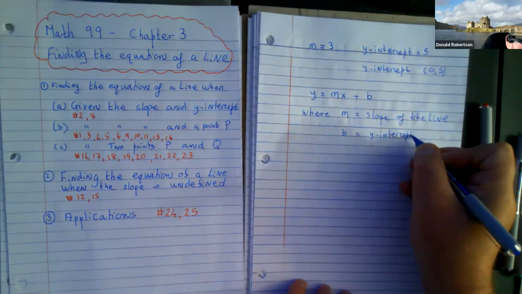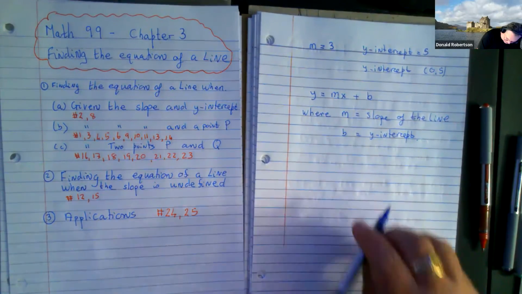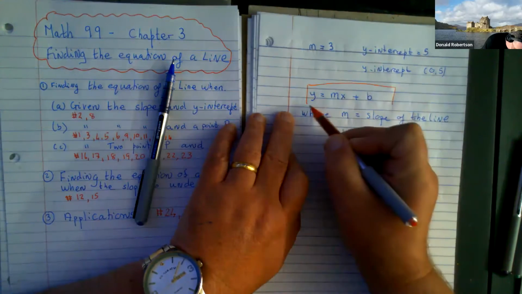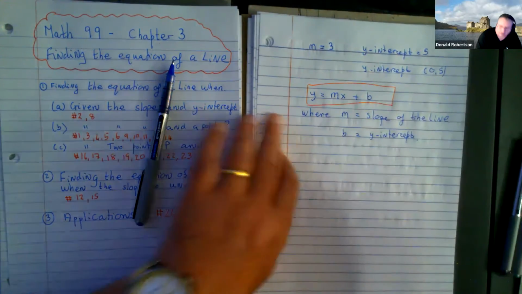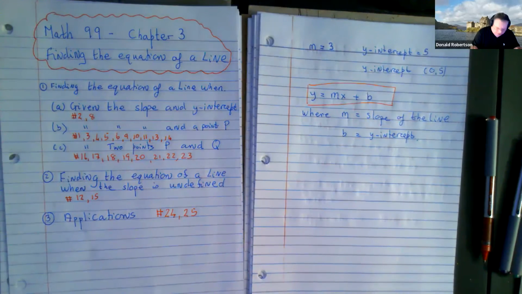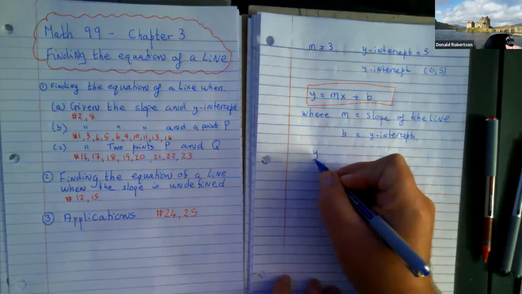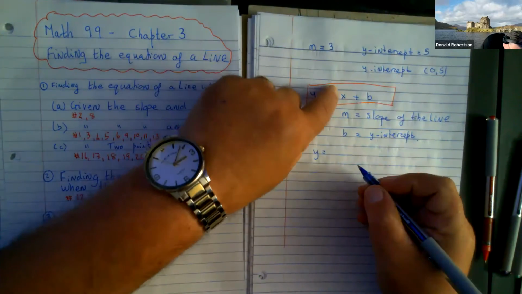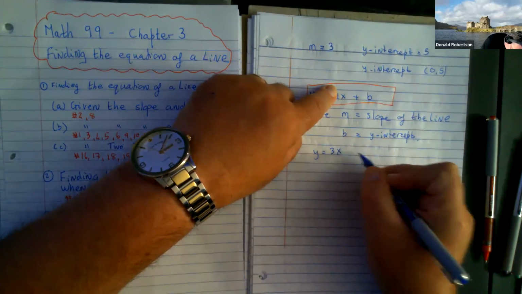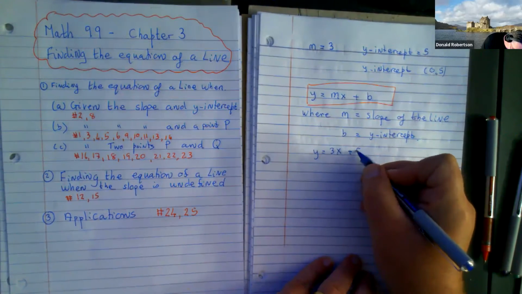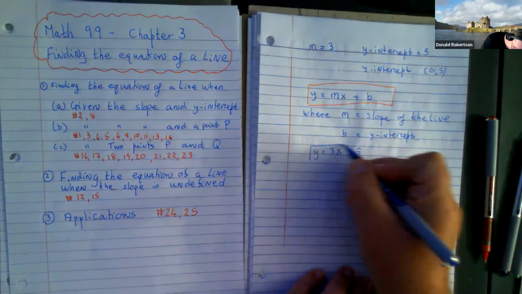That's probably the simplest equation of a line you can get. It's simply y equals so many x, like 2x plus a number, like plus 5. So in this example here, y will be equal to 3x, and the y-intercept is 5. And there's your answer.